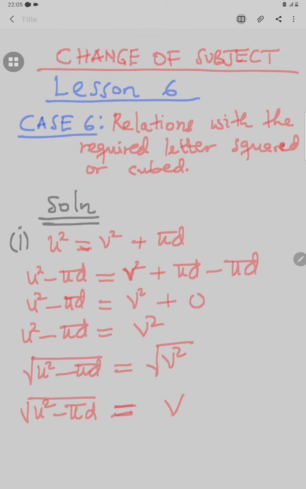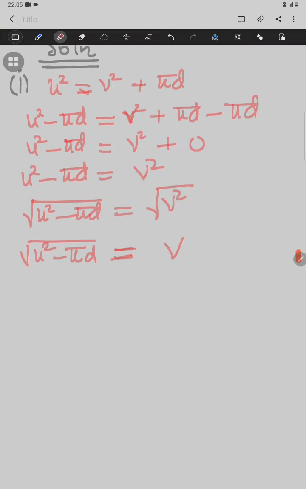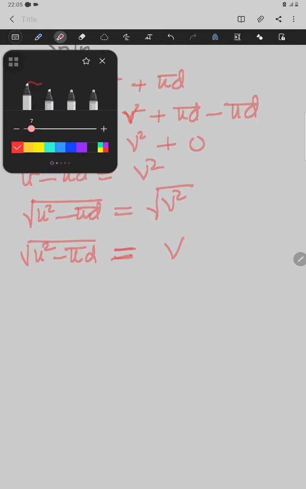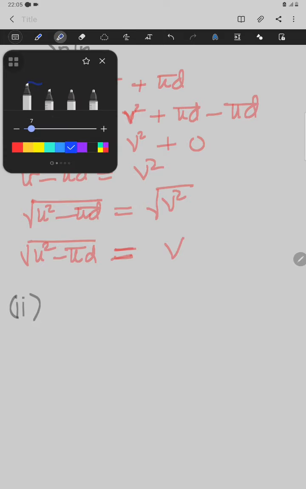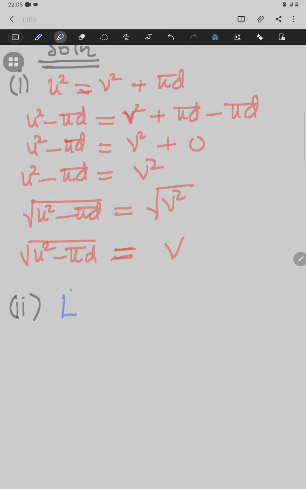Now let's look at the second part of the question. We are given L squared equals 2 pi V cubed over G. So you see that this relation involves a fraction.